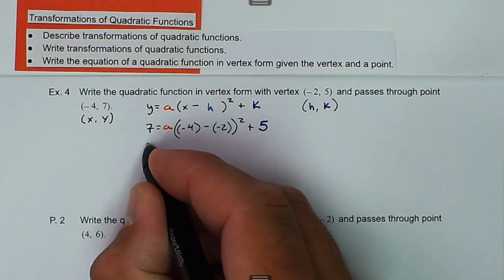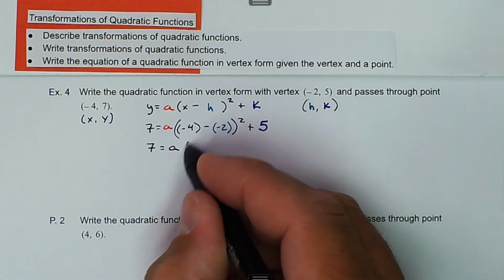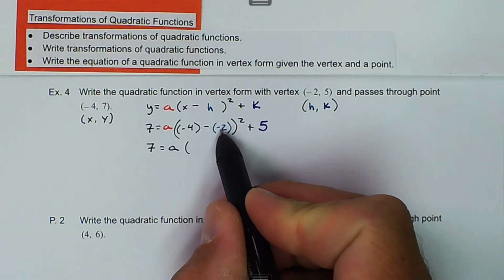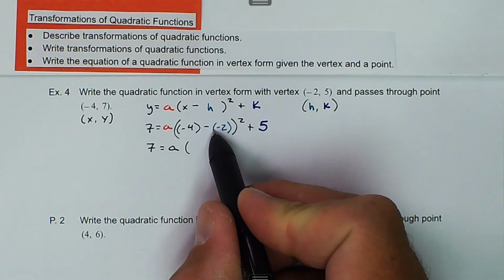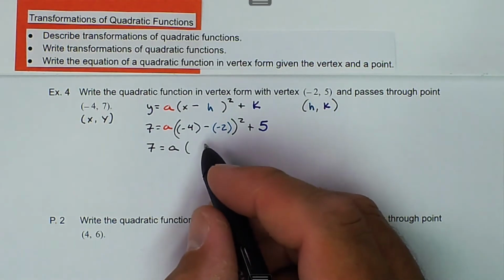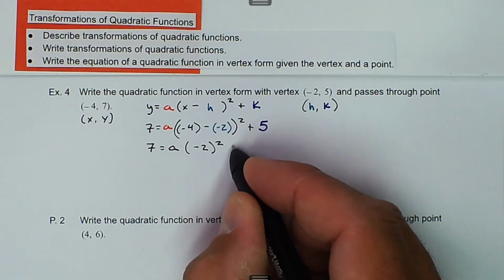So we can bring down our 7, and we can bring down our a, and then inside the parentheses we can work this out. A negative minus a negative becomes positive, so it becomes a positive 2. -4 plus 2 is -2, plus 5.